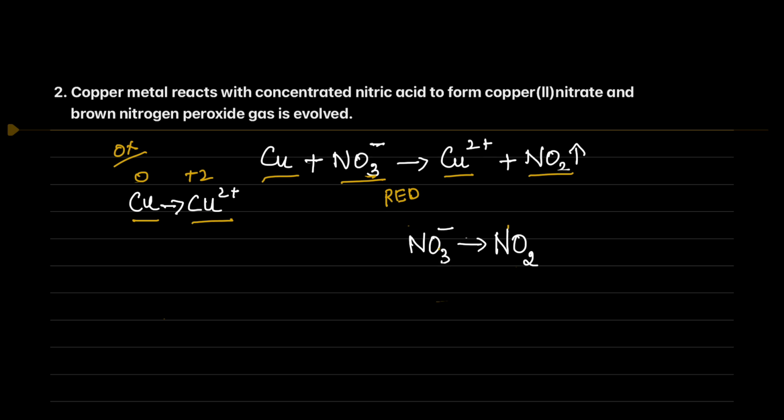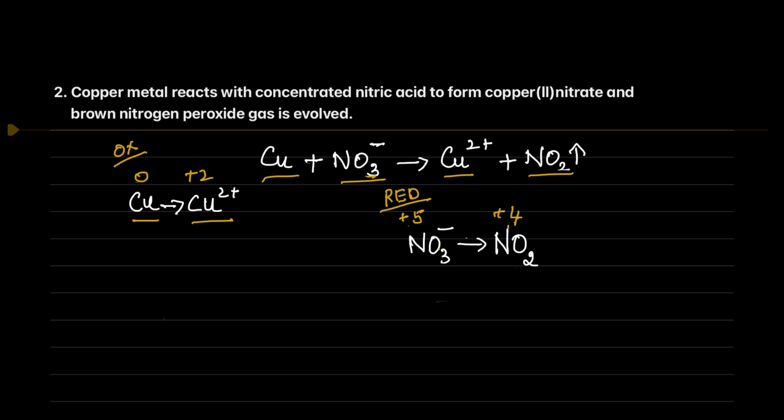The second half reaction is NO3- giving rise to NO2. Let us assign oxidation numbers to nitrogen. It is +5 on the left side and +4 on the right side. There is a decrease in oxidation number, therefore it is a reduction half equation.